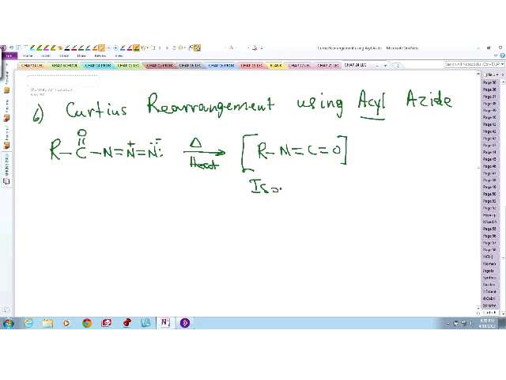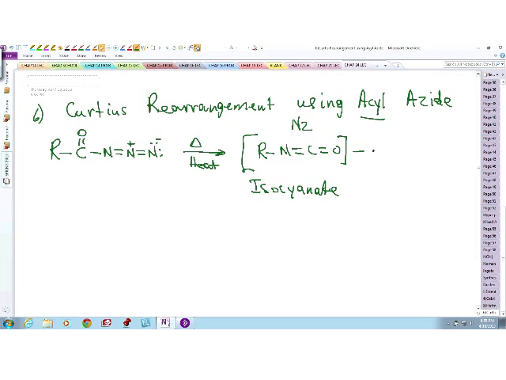We call it an isocyanate. We rearrange to give you an isocyanate, and in this case, we also lose a nitrogen molecule. Okay. See what is happening here? This alkyl group rearranges to this nitrogen to form the isocyanate.